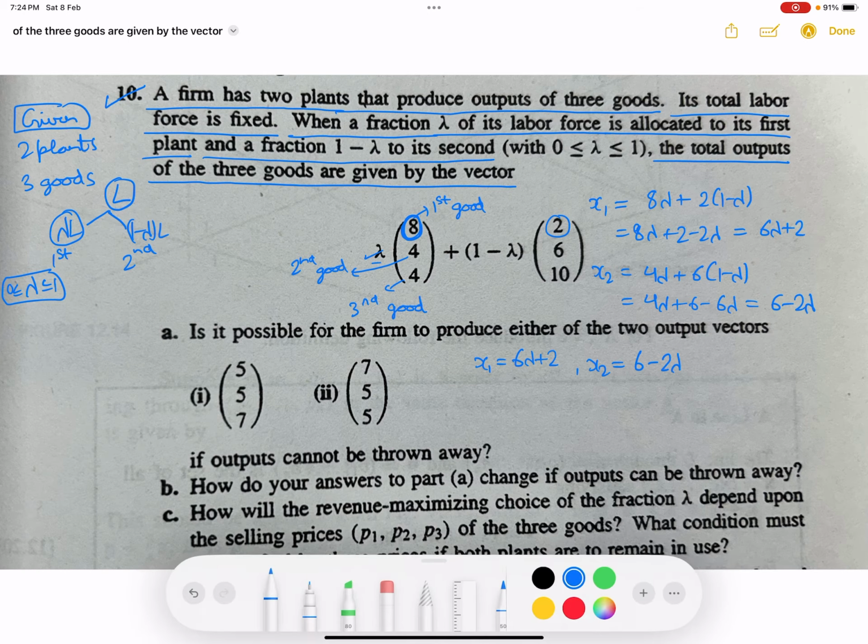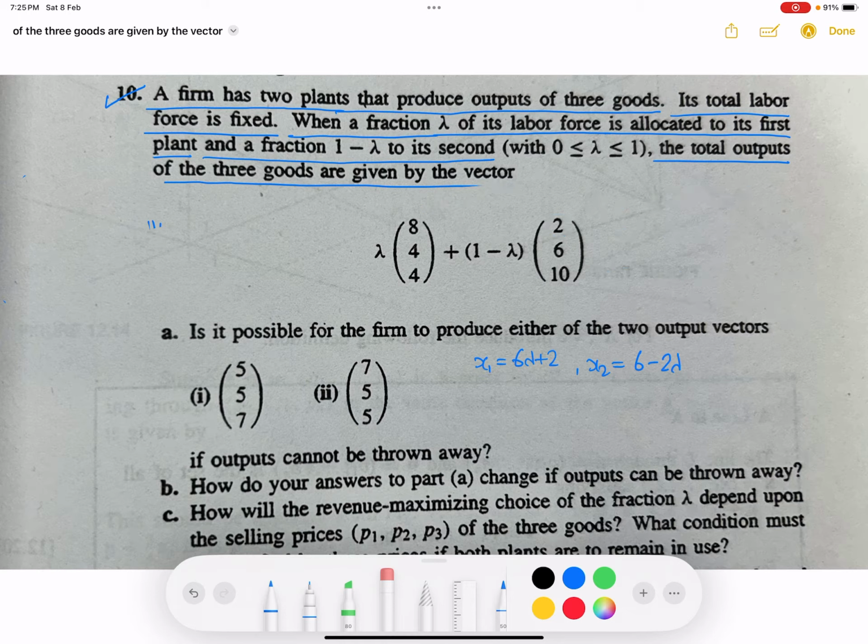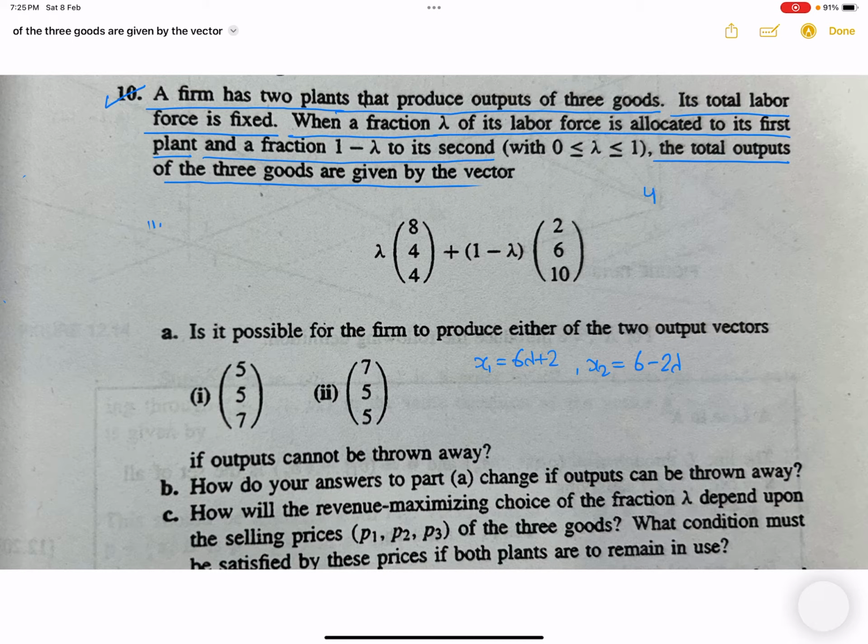Similarly, x3 would be 4 lambda plus 1 minus lambda times 10. So this becomes 4 lambda plus 10 minus 10 lambda. So x3 becomes 10 minus 6 lambda.